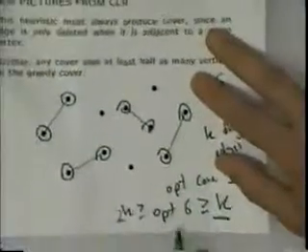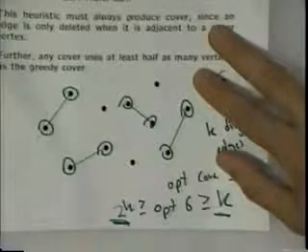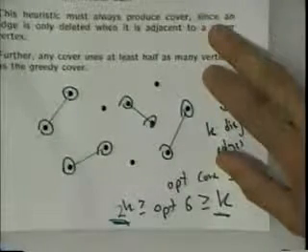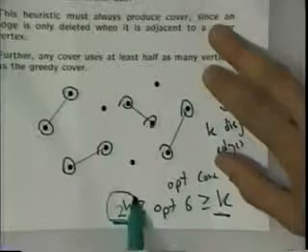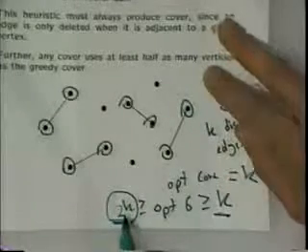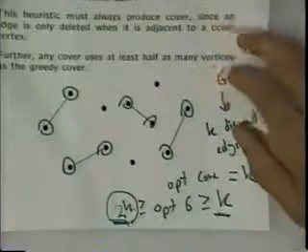In fact, by picking both endpoints, I cover every edge in the entire graph. So that means that my optimal vertex cover had to be at least as big as K, and the cover I picked was 2K in size. Therefore, the vertex cover I picked had to be at most twice as big as the optimal cover. And that's sort of the punchline.